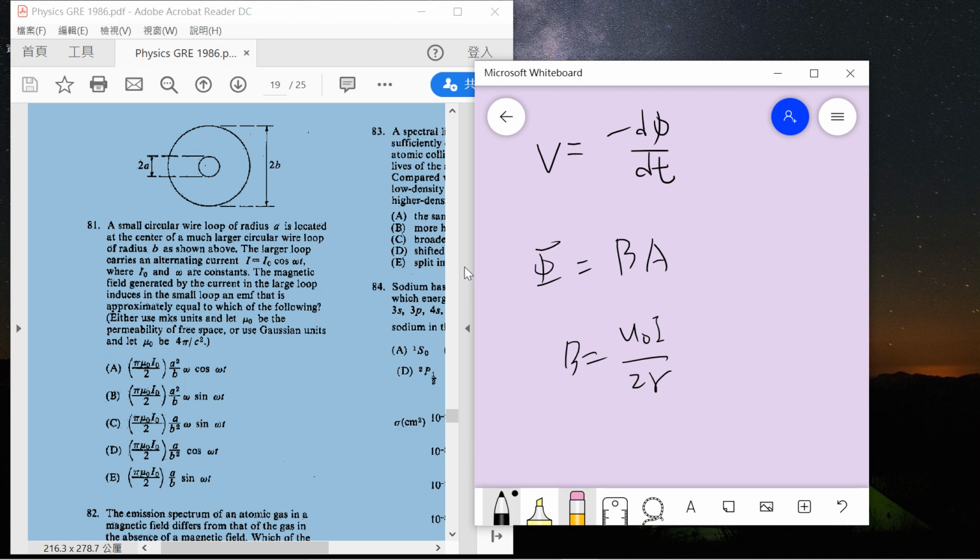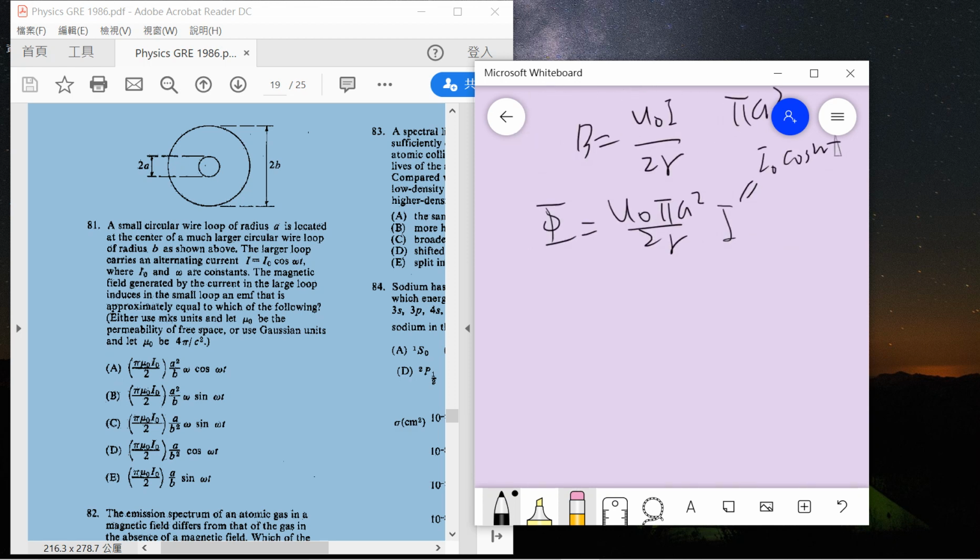The area is the inner area, basically pi a squared. So the flux phi is mu naught pi a squared divided by 2R times I, where I is I naught cosine omega t. Then we just take the derivative. The cosine derivative gives a negative sign, and the negative signs cancel. So there will be plus I naught sine omega t times omega.